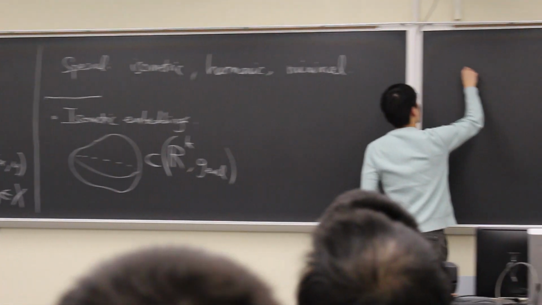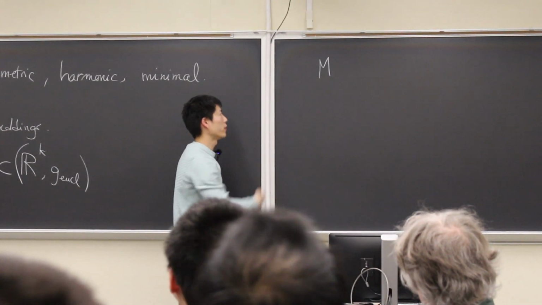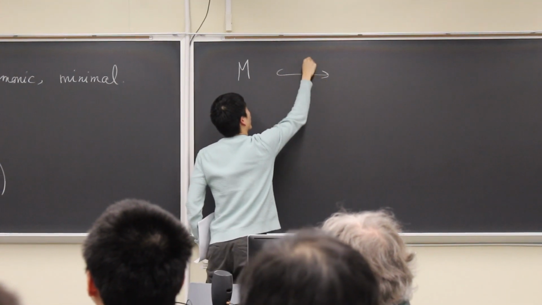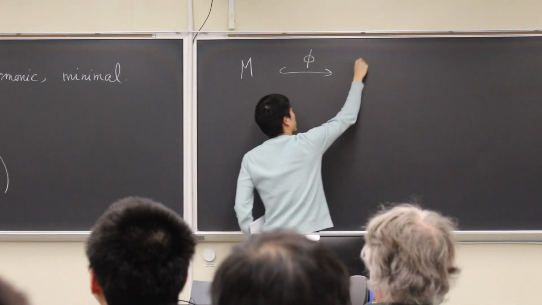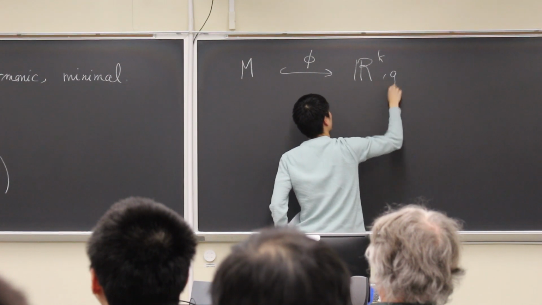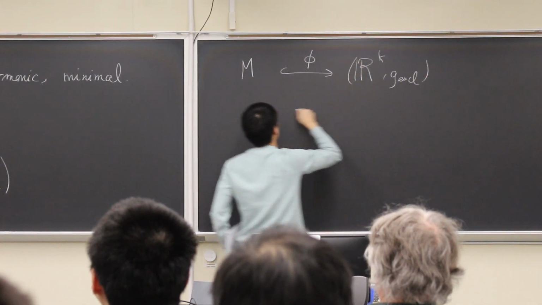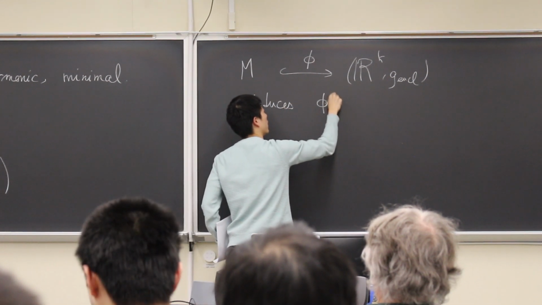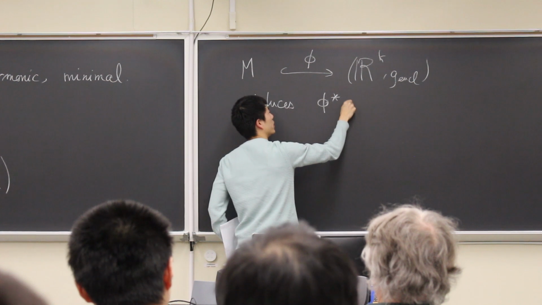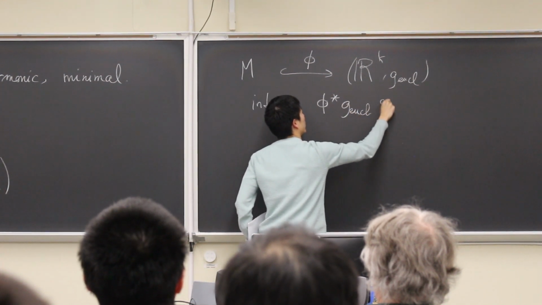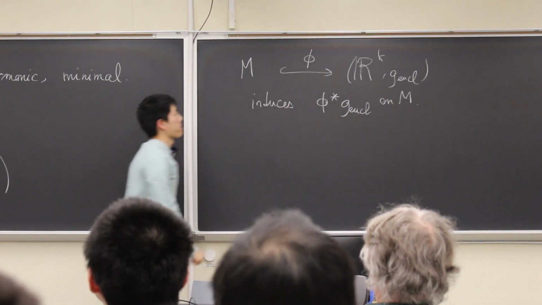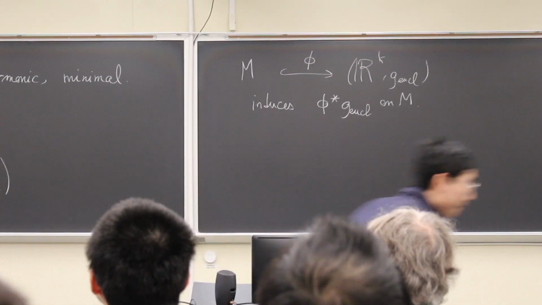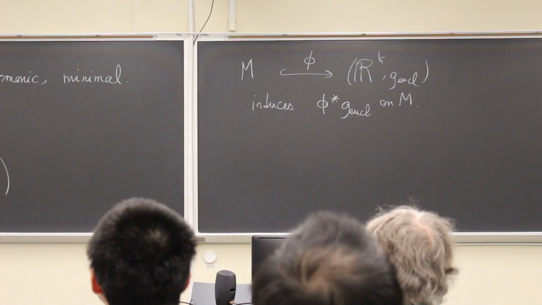So basically what I'm saying is that there is a trivial way to cook up metrics on M. You just look at an embedding in a Euclidean space that induces, by restriction, a so-called pullback Riemannian metric on M. So this is the very concrete and trivial way to get a metric on M.